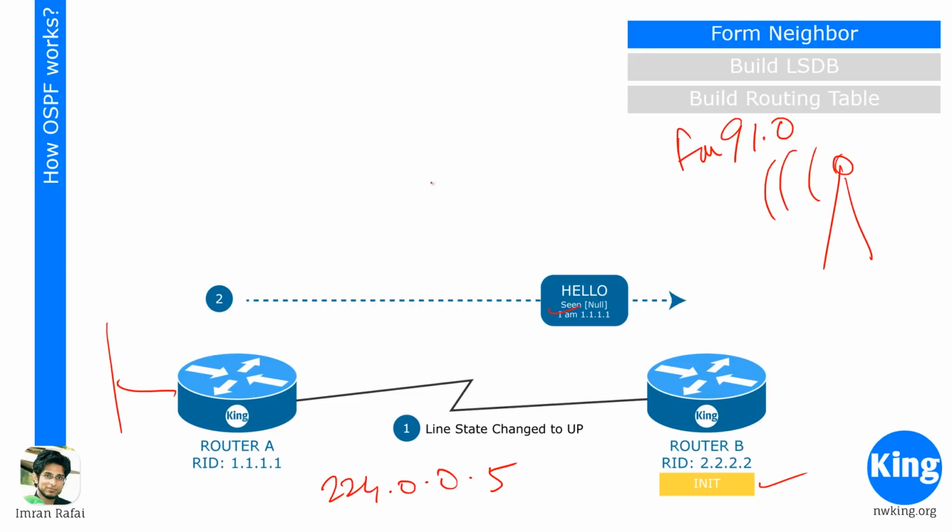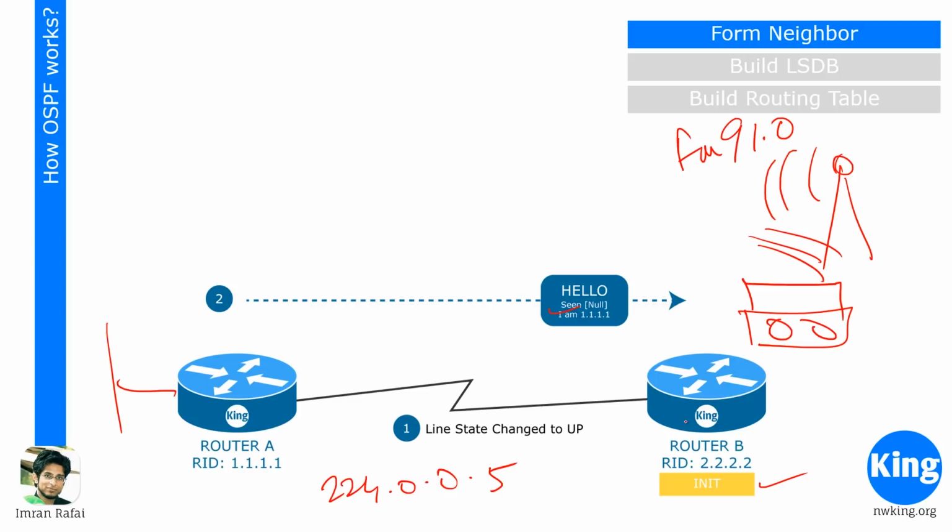You have a radio at home, let's assume this is the old radio, and you tune your device to 91.0, and then you receive the signal. So similarly, multicast is like that. Router A sends to 224.0.0.5, this multicast address. Router B, since it's also configured for OSPF, listens to this multicast address.